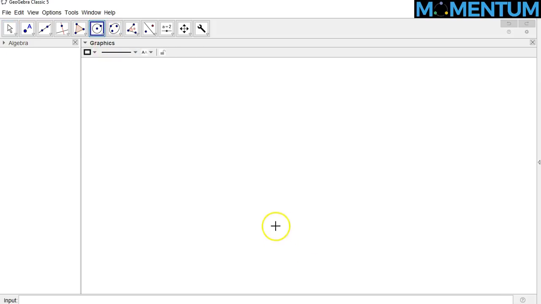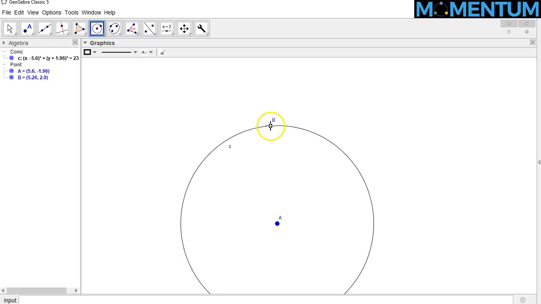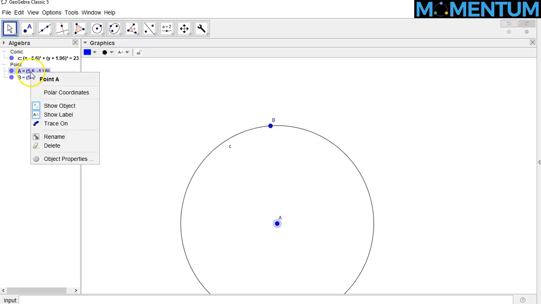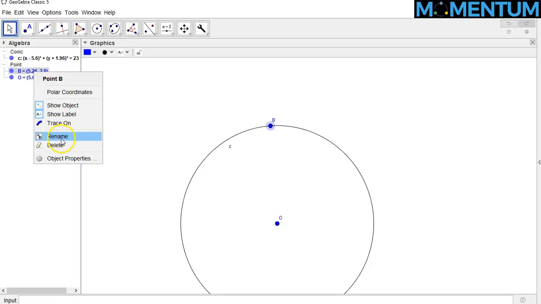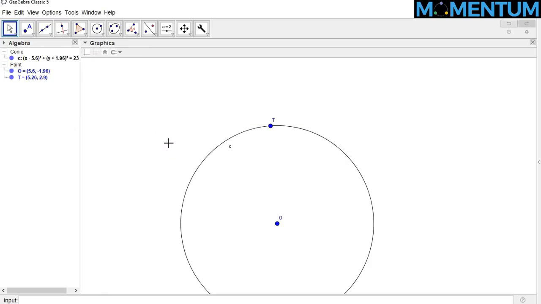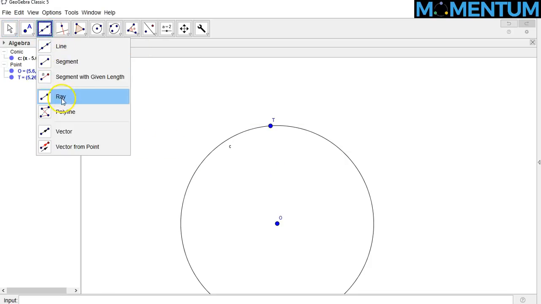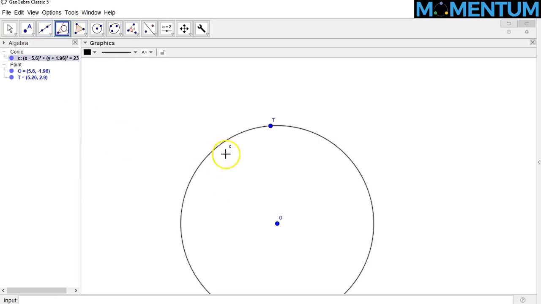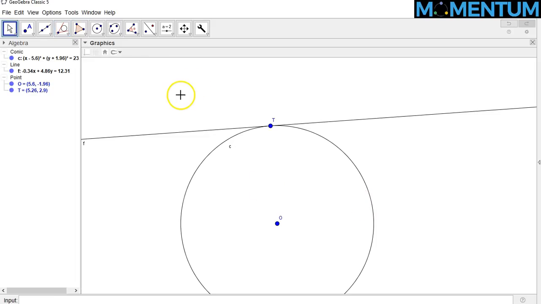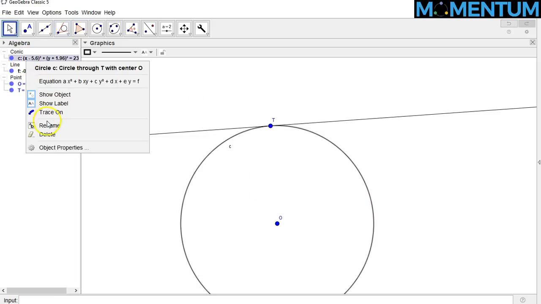So let's start with our circle. I will call the center of our circle O, and the tangency point, probably I should call it T. Let's go ahead and draw that tangent line as well. So there you go. I forgot to rename our circle.